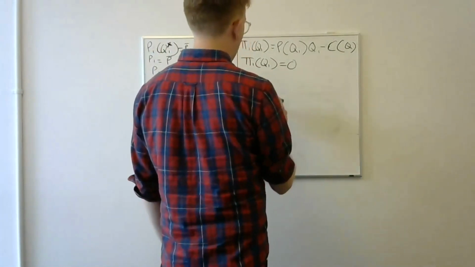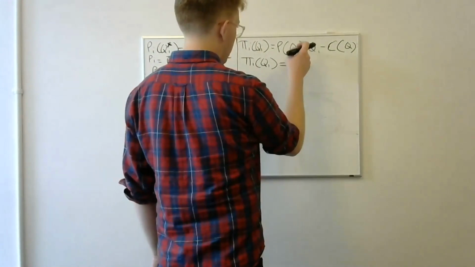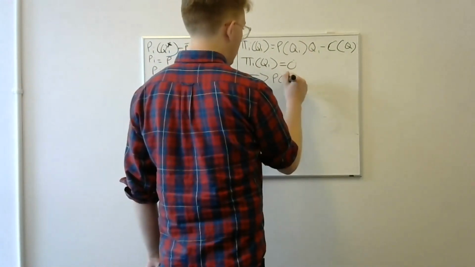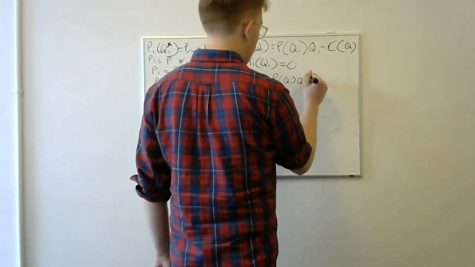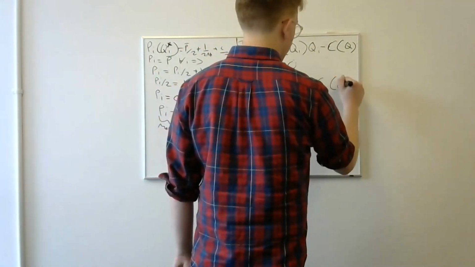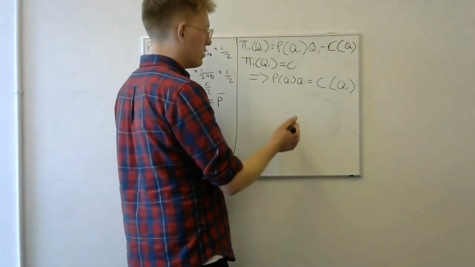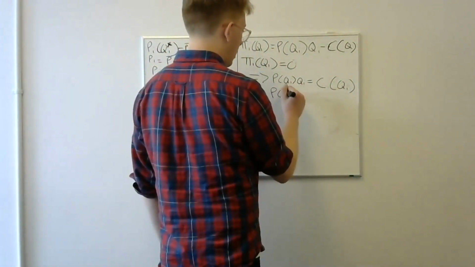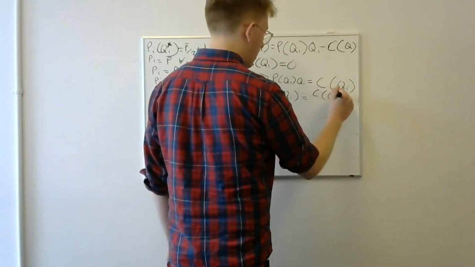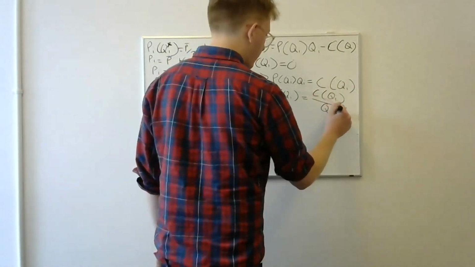So if this is equal to 0, then what does that imply? That implies that this above is equal to 0. And so what do we have here? We have that P of Q times Qi needs to be equal to C of Qi. Okay, so that's just setting this equal to 0. Then I'm going to divide on both sides by Qi. So what I'll get is that the price needs to be equal to C of Qi over Qi.